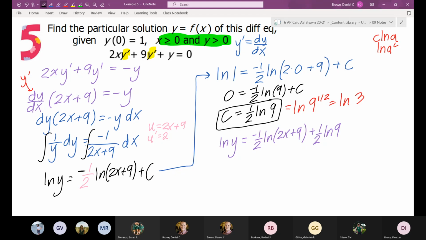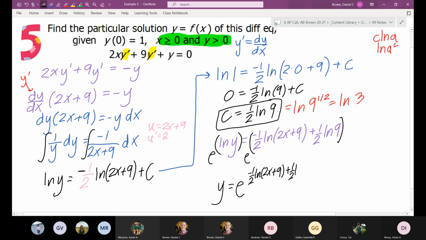Base e. So again, remember when you base e, it's super important you remember you're putting everything inside the exponent. Don't base e each individual term. That's some bad algebra. So on the left-hand side, we just have y. And on the right-hand side, we have e to the negative 1/2 natural log of 2x plus 9 plus 1/2 natural log of 9.